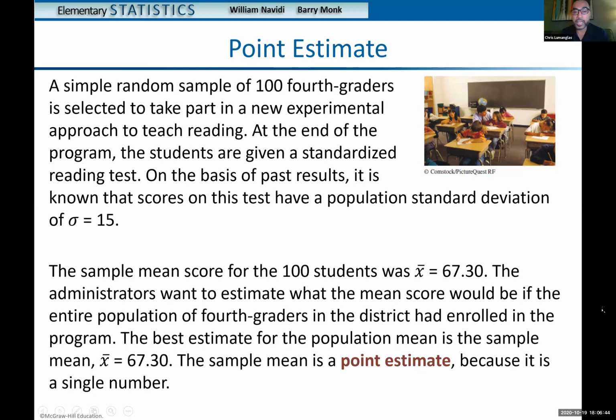And of course, the best estimate is the sample mean. So that's why for this section, the sample mean is the point estimate because it is a single number. So take note of this. Copy this. The sample mean is a point estimate.